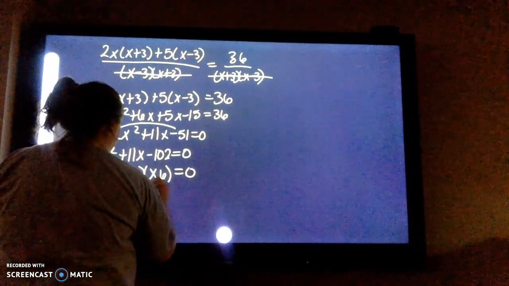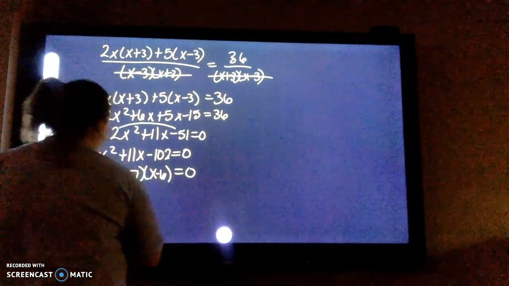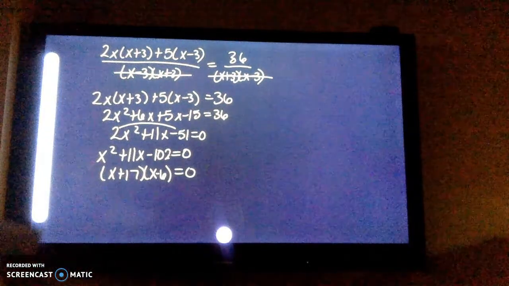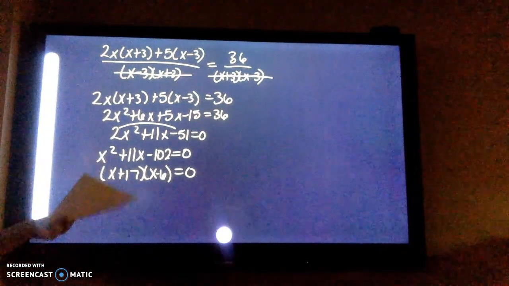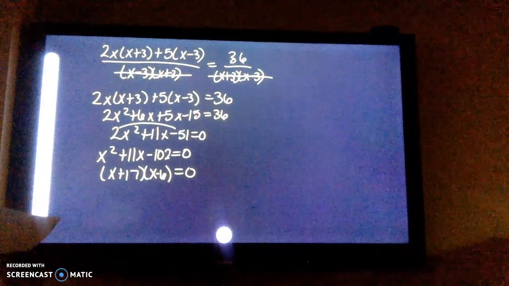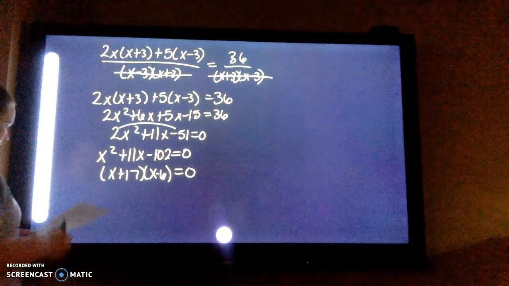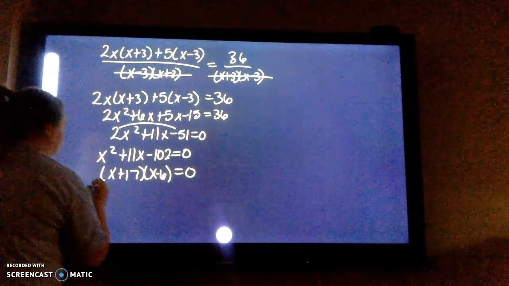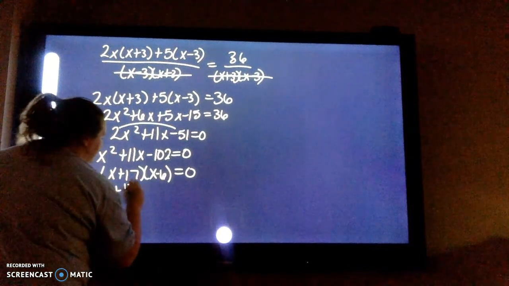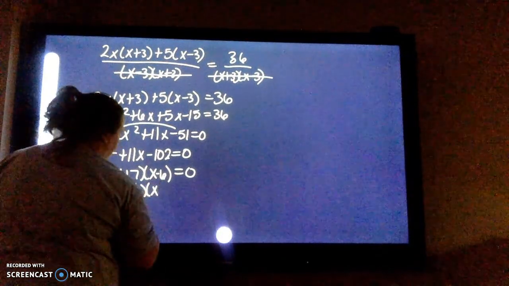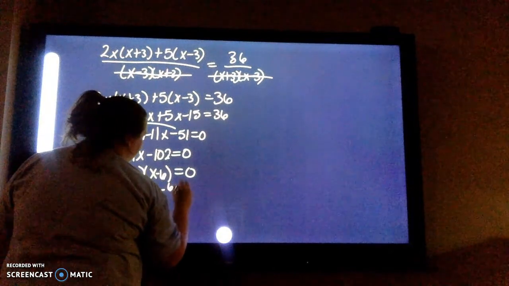Still equals 0. X plus 17 and x minus 6. 17 minus 6 is 11. 17 times a negative 6 is a negative 102. I need to unrainbow the 2, so I get x plus 17 over 2 times x minus 6 over 2.